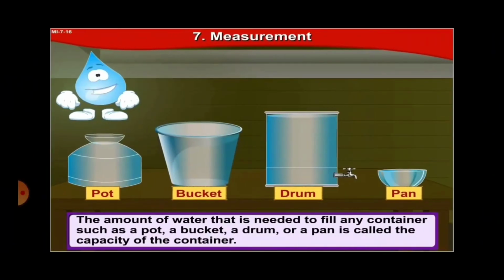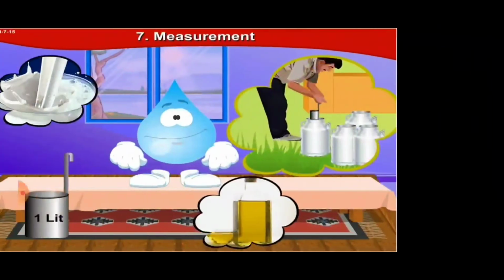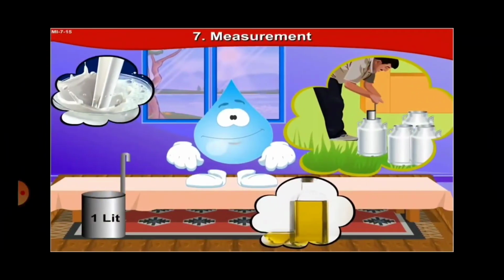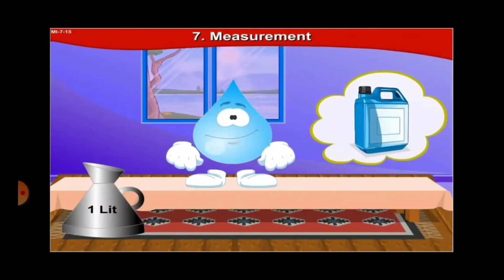So, the amount of water that is needed to fill any container such as a pot, a bucket, a drum or a pan is called the capacity of the container. The measuring units are of different shapes for different liquids. For example, for milk and for kerosene, it's different.